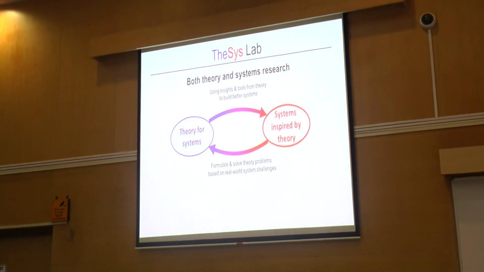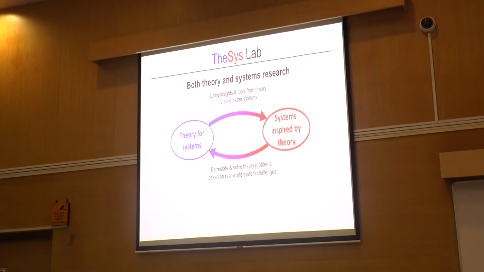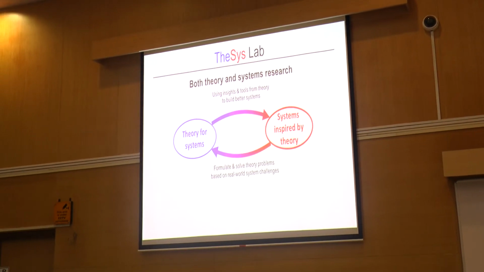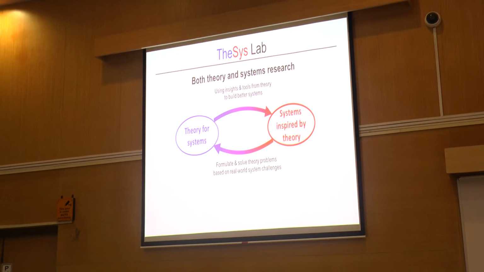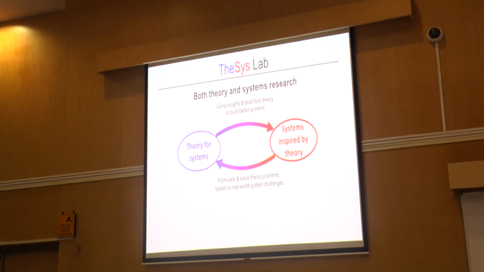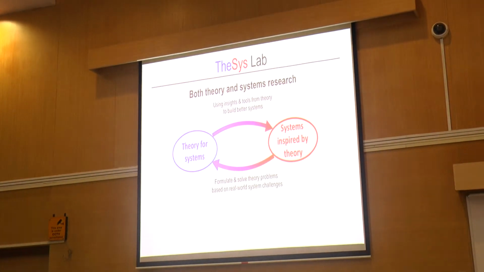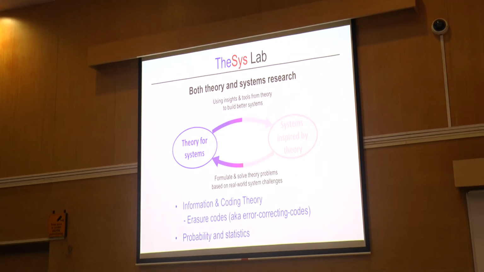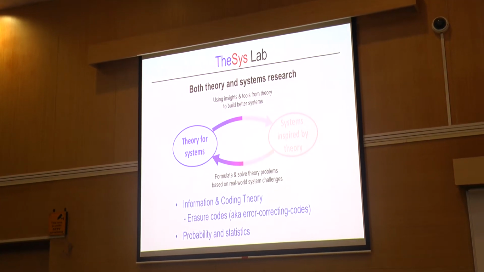And then take the insights from the theoretical solutions and modeling and take it back and build state-of-the-art real-world systems. On the theory side, we work on problems in information and coding theory and also probability and statistics.